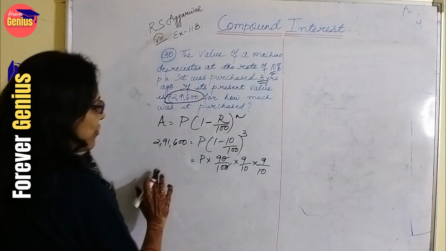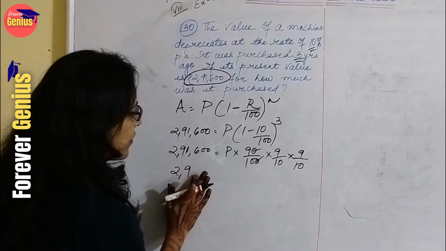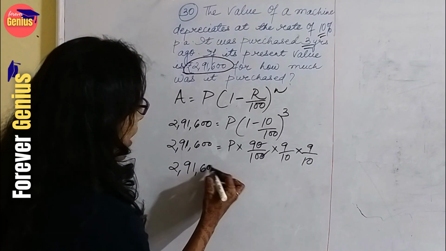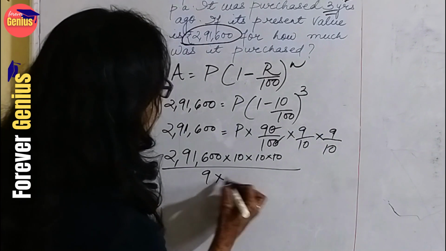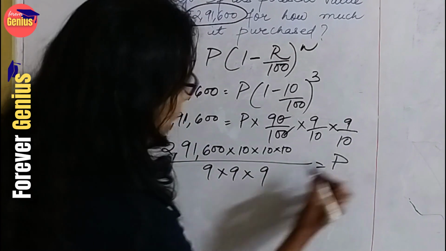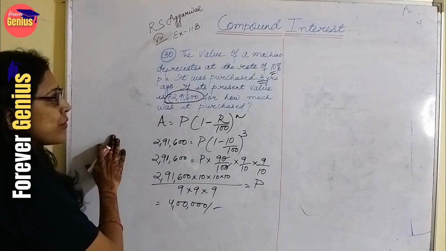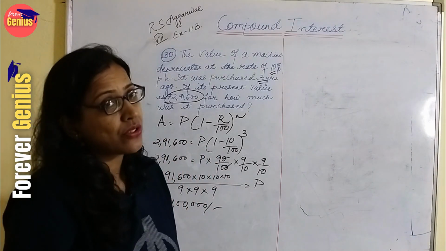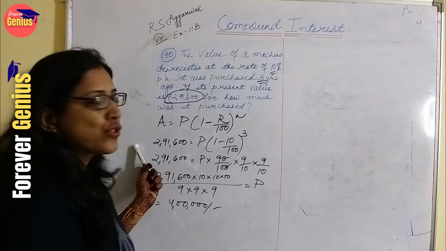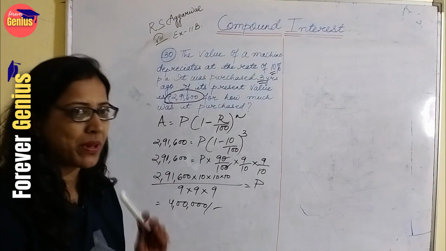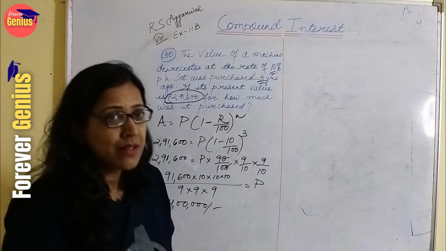So now if I want to find P, if I change the side, this is 10 into 10 into 10 by 9 into 9 into 9 equals P. So after calculating we got 4 lakh. So the value of the machine before 3 years was 4 lakh, which amounts to 2,91,600 due to depreciation.